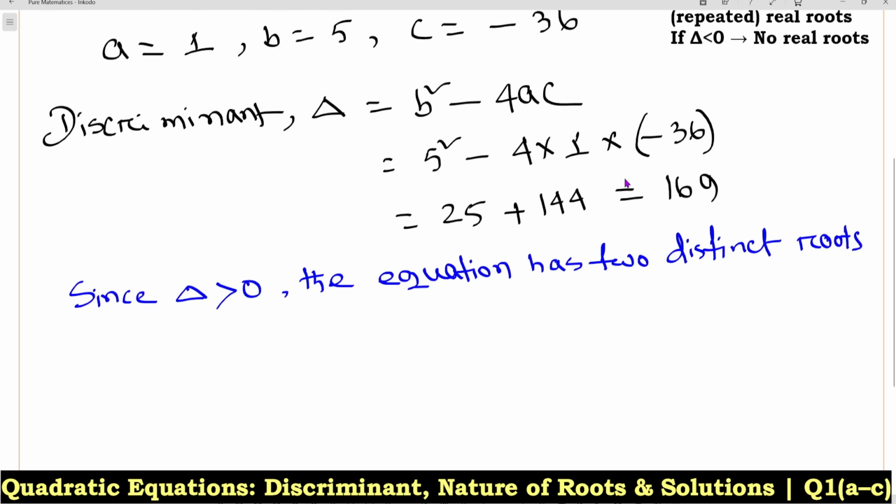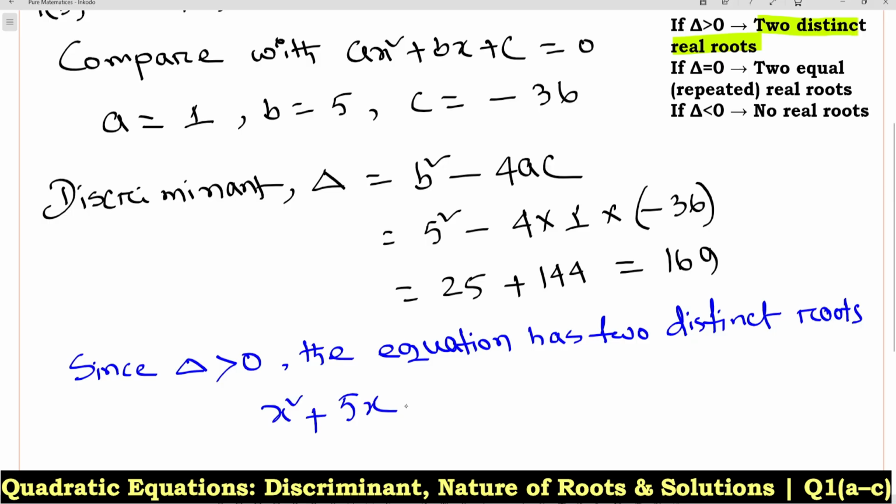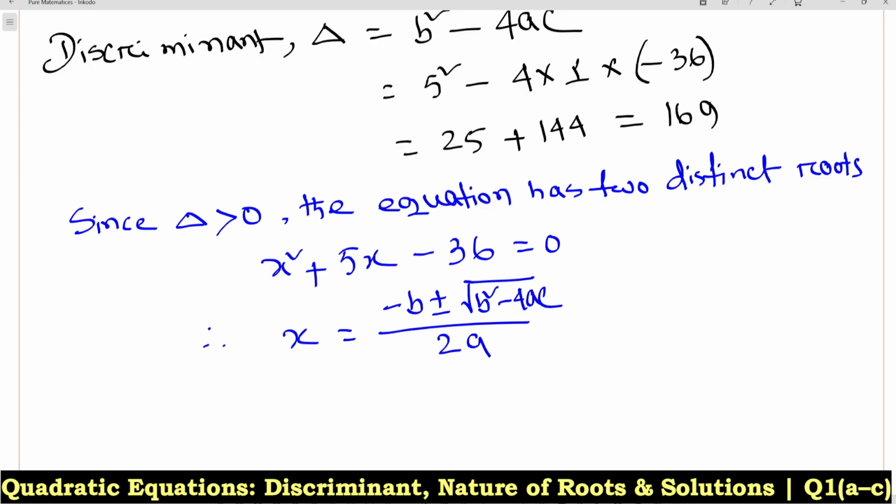So let's try to solve this one. x square plus 5x minus 36 equals 0. So we know x equals minus b plus minus root over b square minus 4ac, divided by 2a.